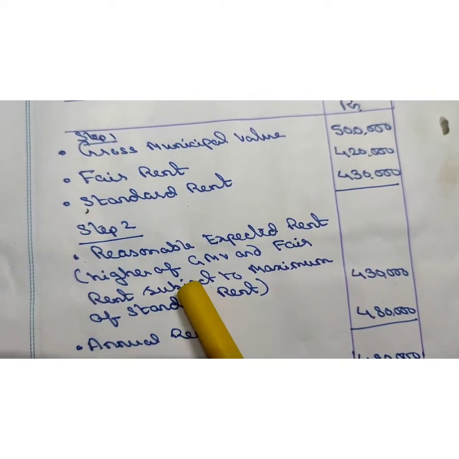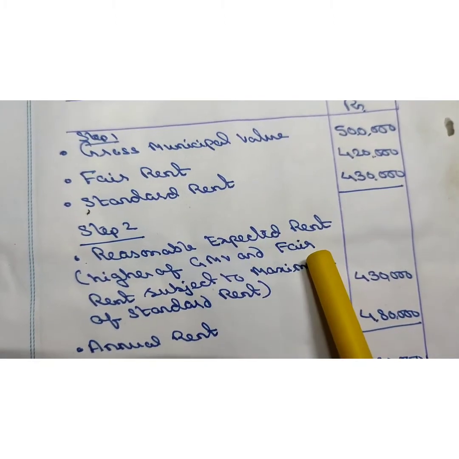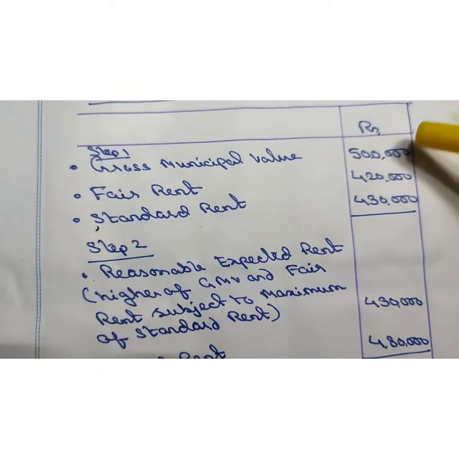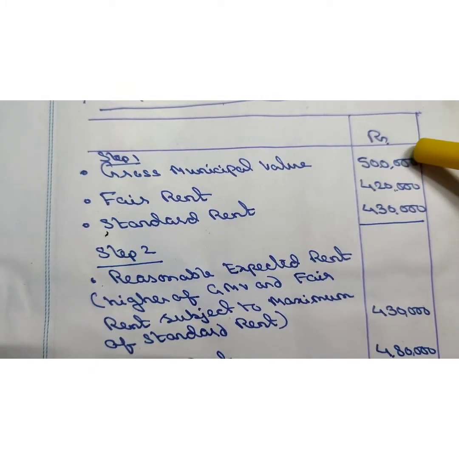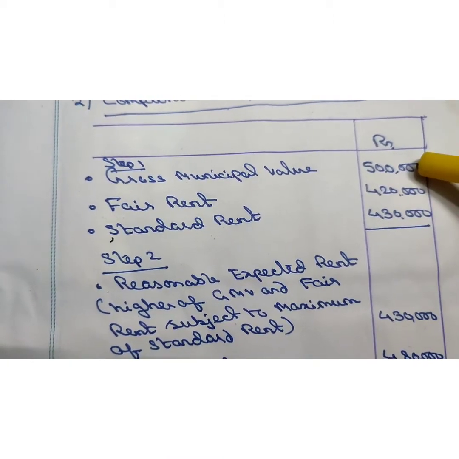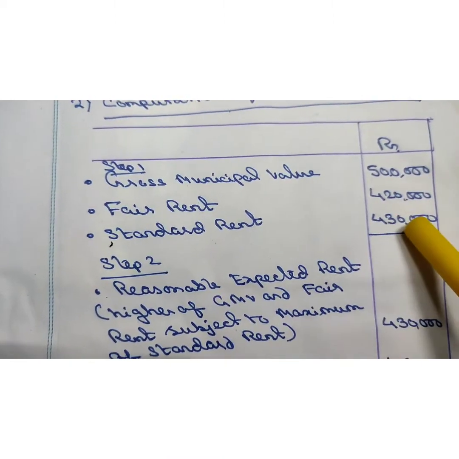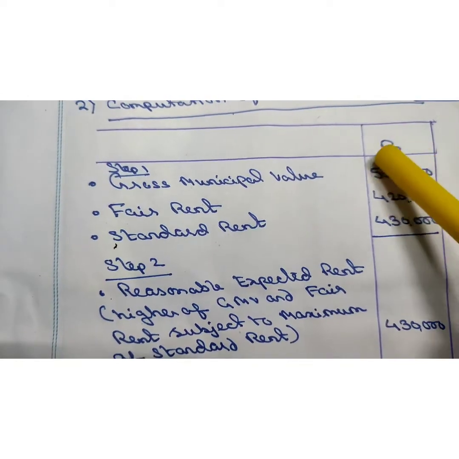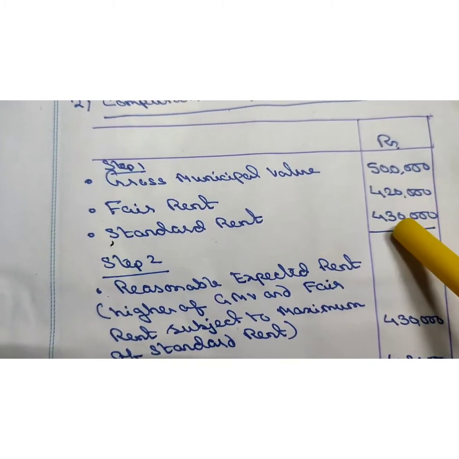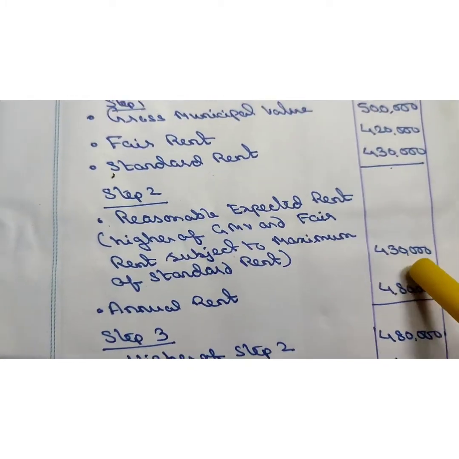It is the higher of gross municipal value and fair rent, subject to a maximum of standard rent. So first we compare gross municipal value and fair rent, and the higher part is 5 lakh, but it exceeds standard rent. So we cannot take this higher part, we have to take 4,30,000 as reasonable expected rent.